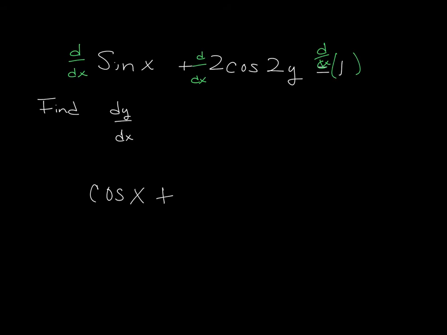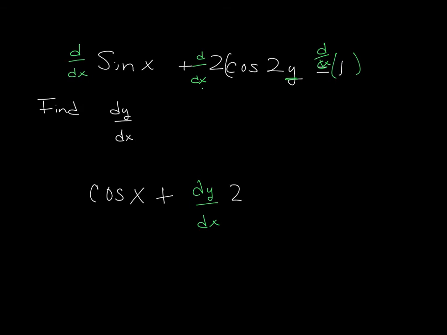So, d/dx of 2 cosine of 2y. That tells me that I need to write this as dy/dx. And again, that's because this is y, and I want the derivative of y with respect to x. I need to write that down. The 2 comes along.